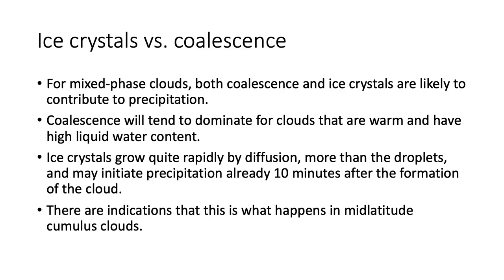You can have direct deposition, you can have freezing of droplets that formed at lower altitudes, you can have heterogeneous freezing by contact mode, secondary ice production, and so forth. Interestingly, ice crystals grow very rapidly by diffusion, more rapidly than liquid water droplets. And so when you have cold clouds, it is possible to understand why precipitation forms pretty quickly after the formation of the cloud.